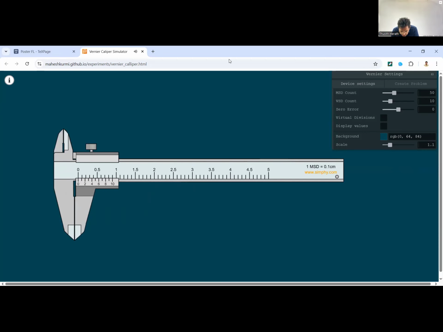So here is the main scale. So I annotate on this. Here's the main scale, right? And so this should be the Vernier scale, right? This one. You can slide the Vernier scale along the main scale.